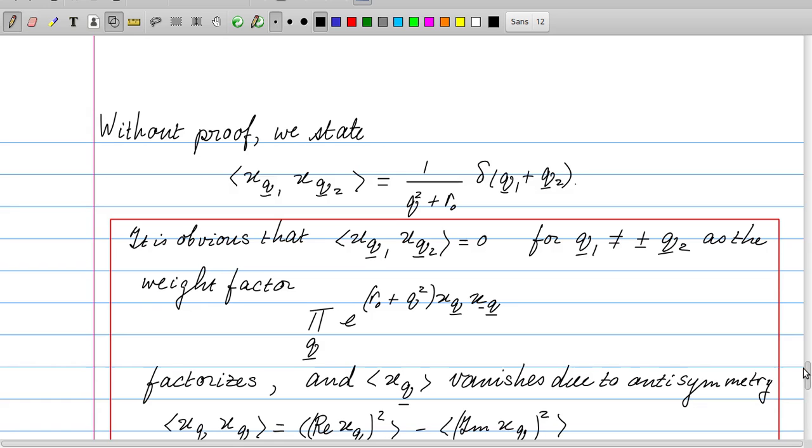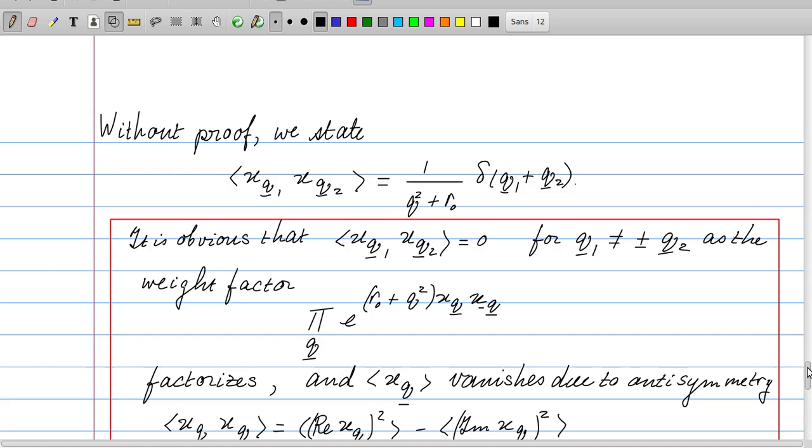Well, to argue that indeed there is a delta function of the q1 and the q2, if the q1 and the q2 are different, if you look at the weight factor that occurs in calculating the expectation values, you see that it factorizes into a product for each q. So if I have only one xq for a particular q, then because of antisymmetry, the integral over xq will vanish.